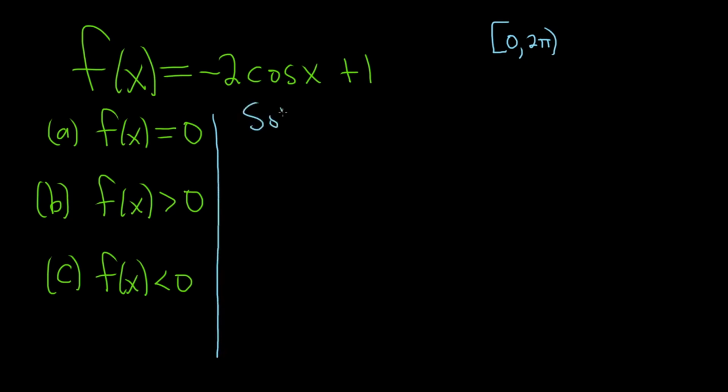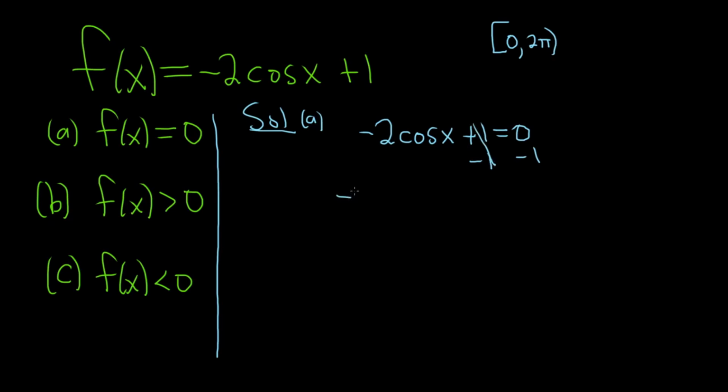So, solution. First, let's do part A. To do part A, we basically take the function and set it equal to 0. So negative 2 cosine x plus 1 is equal to 0. Because we have a single trig function, it's not so bad. We can subtract 1 from both sides.